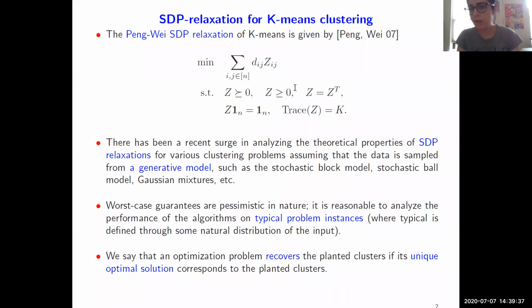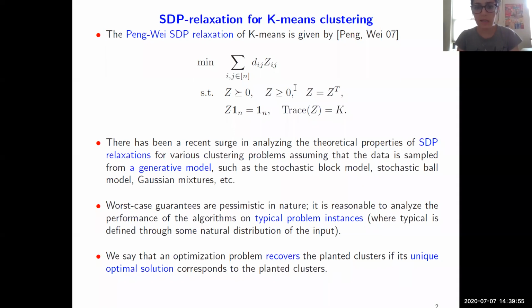It has been studied theoretically and numerically. Usually it used to be accompanied by a rounding scheme. So you solve it. If the solution is a partition matrix, you're done. If not, then you devise some rounding scheme to get a hopefully good feasible solution to the original problem.